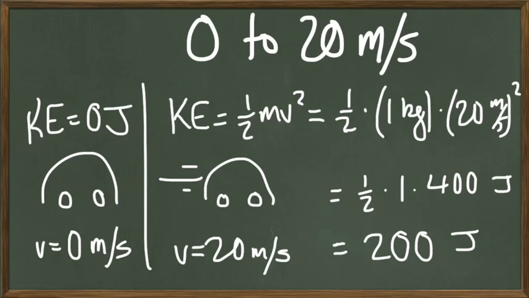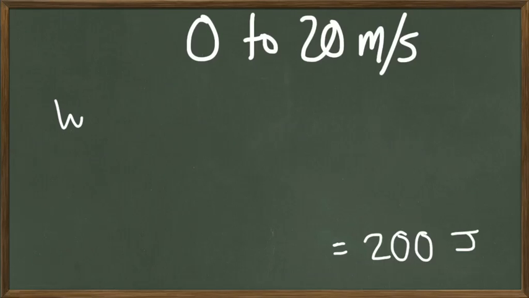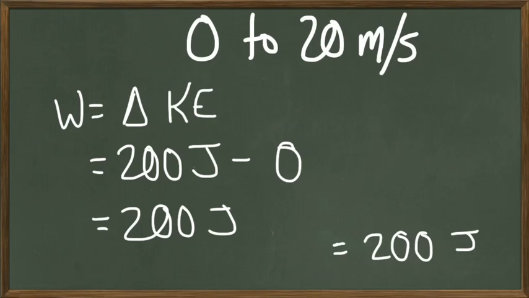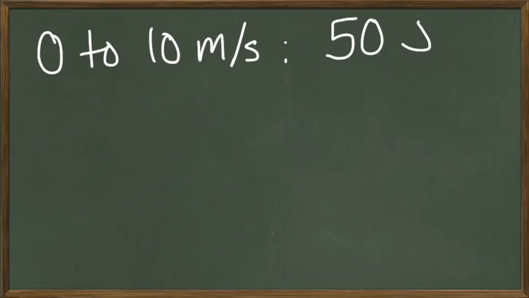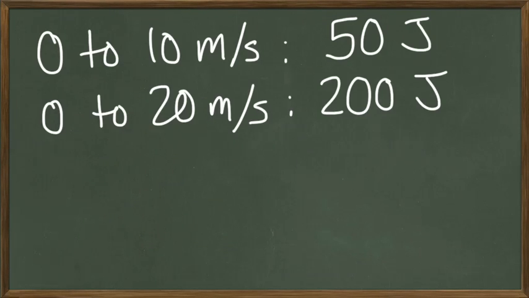So the final kinetic energy of the car, when it's reached 20 meters per second, is 200 joules. So the change in kinetic energy is equal to 200 joules minus 0, and since the change in kinetic energy is equal to the work, the work that it requires to accelerate the car from 0 to 20 meters per second is 200 joules of work. From 0 to 10 meters per second takes 50 joules of work. To go from 0 to 20 meters per second takes 200 joules of work.